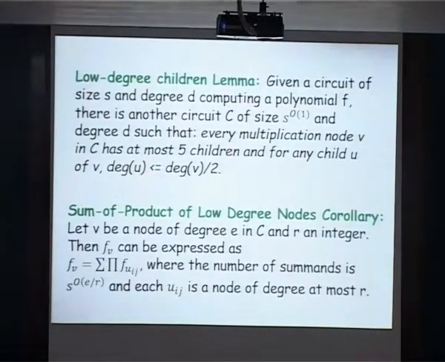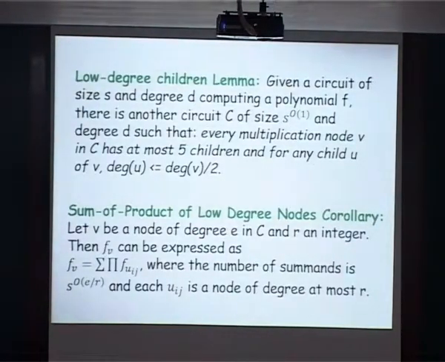So now take a node of some degree E in this new circuit C, and pick any integer R. Then you can express the polynomial computed at the node V as a sum of products of polynomials computed at low degree nodes.